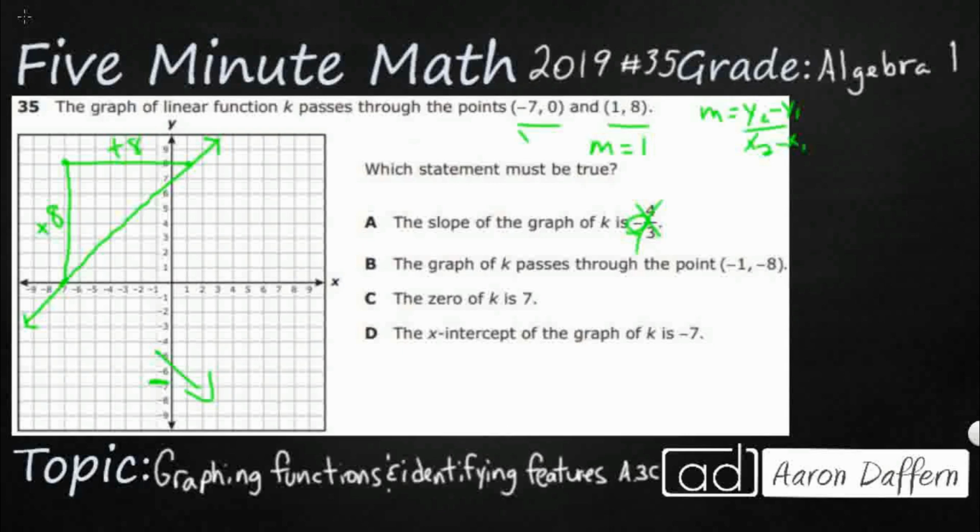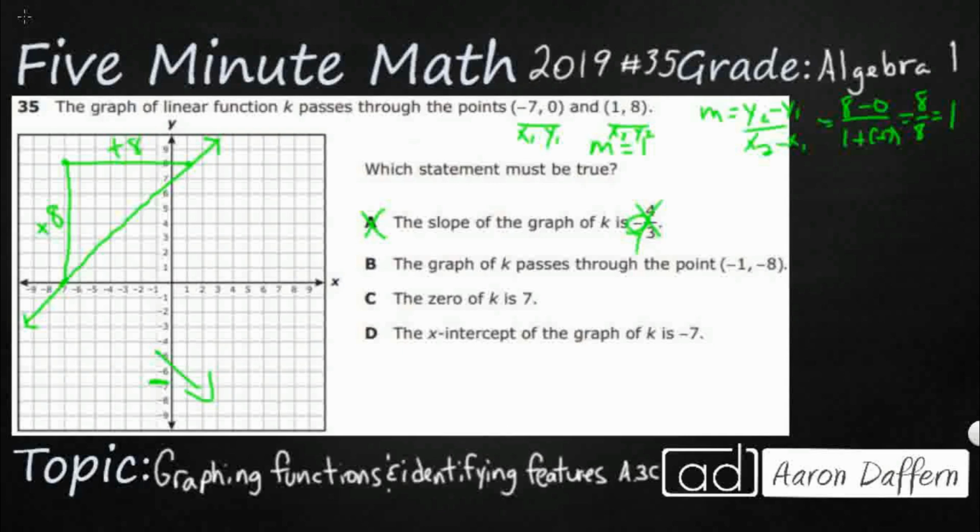So let's make that x1, y1, x2, y2. So it's going to be 8 minus 0. That's pretty easy. And then it's going to be 1 minus -7. There we go. 8 over 8, because that's positive. All right, so my slope is just 1. So it's not A. Let's check B.